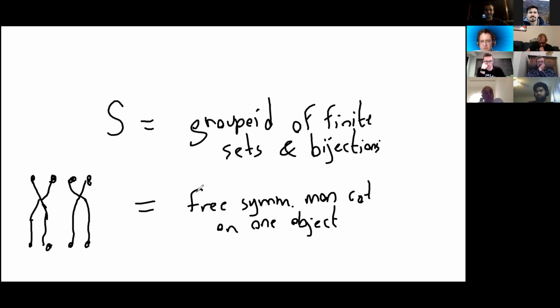That is, before you throw in all the linear structure, just think about the multiplicative structure. And so you'd want to know, what's the free symmetric monoidal two-category on one object? And yeah, I actually don't think that is tons more interesting than this.